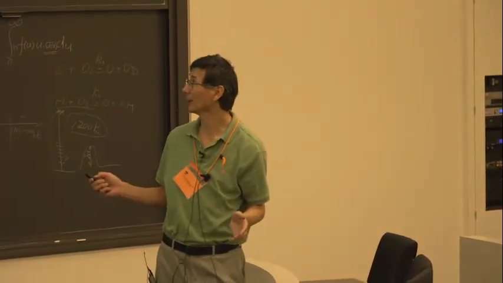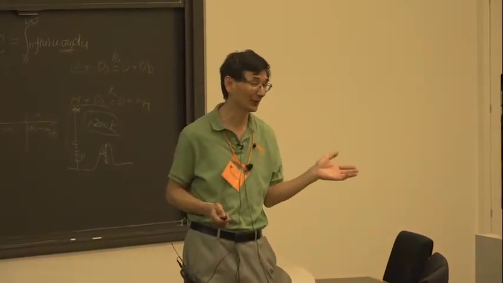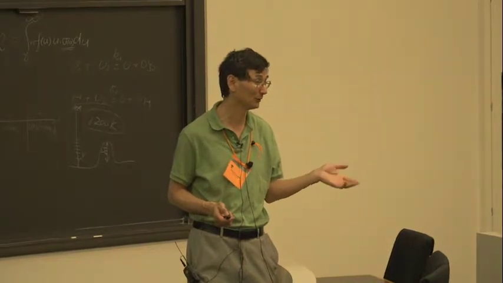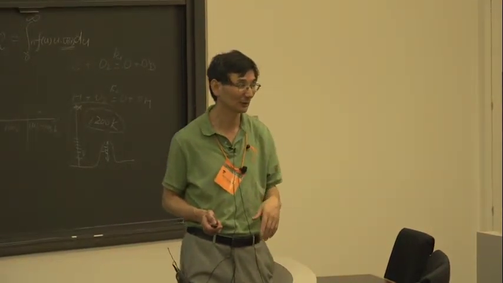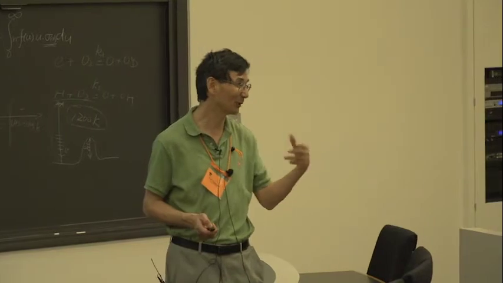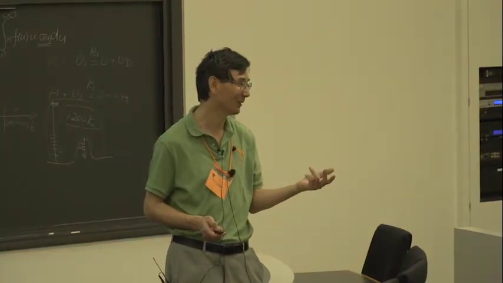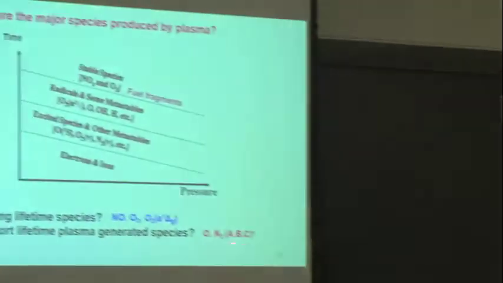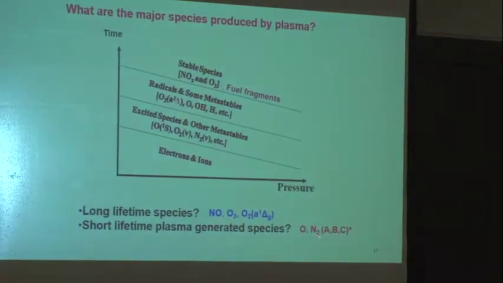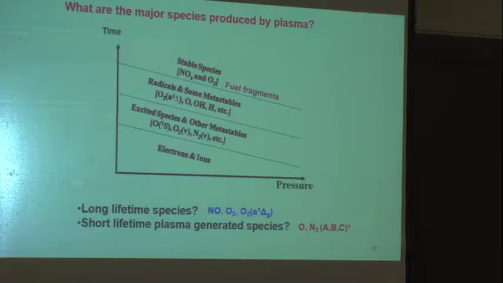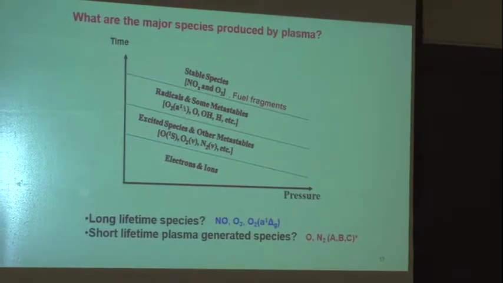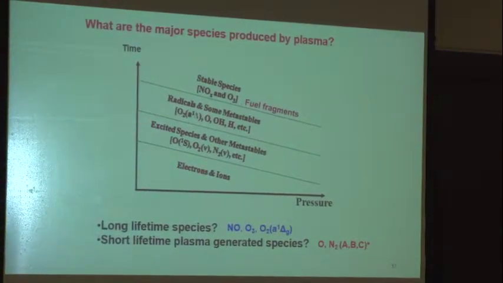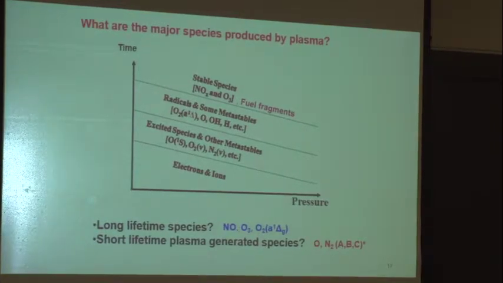For radical recombination, I would say the lifetime is probably about a millisecond or shorter, then they will die. Each reaction will quench your radicals, right? And this one is probably even shorter. For N2 ABC, I would say the time scale is less than 1 microsecond. So they will disappear, okay?